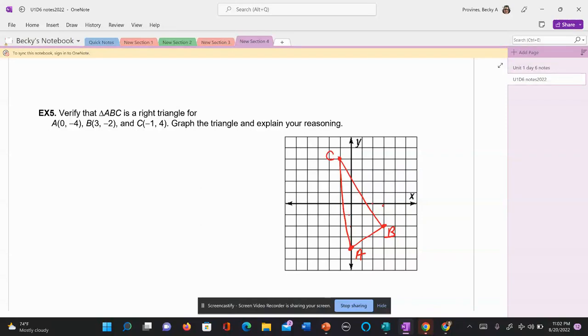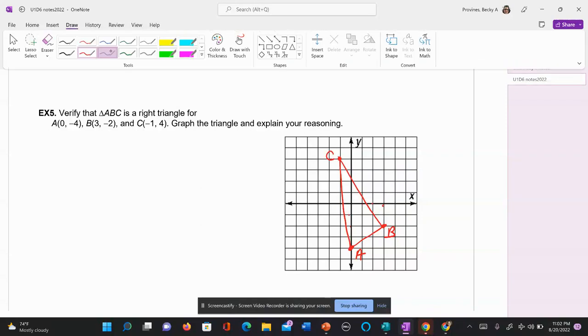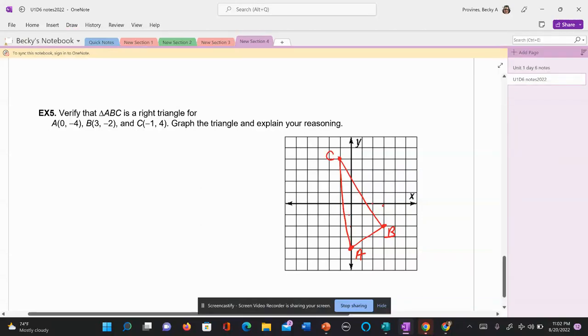Now, you have to show some work. You can't just guess what you think. We need work. So let's see if this is possibly a right angle, which means we have to find the slope of these two lines. So let's count up and over to find the slope of AB. Up 2, over 1, 2, 3. So my slope is 2/3.